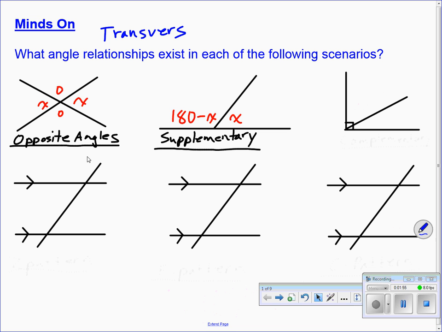Now, our next problem deals with this. You'll notice that we have a small box there. That small box tells us that this is a right angle. A right angle is also known as 90 degrees.